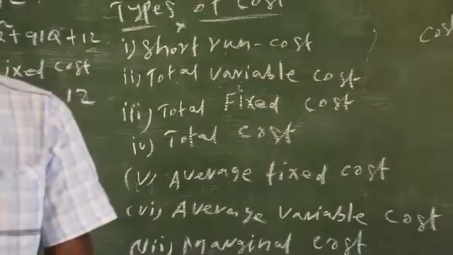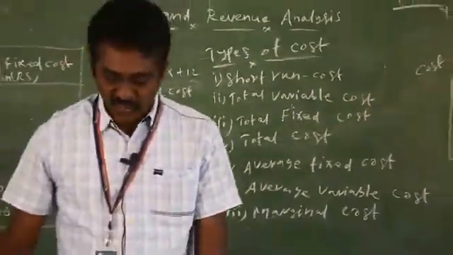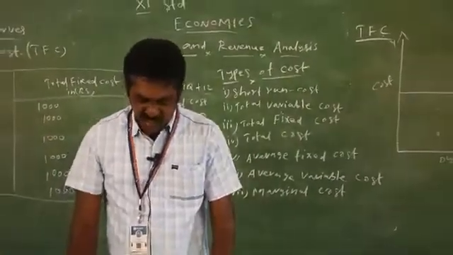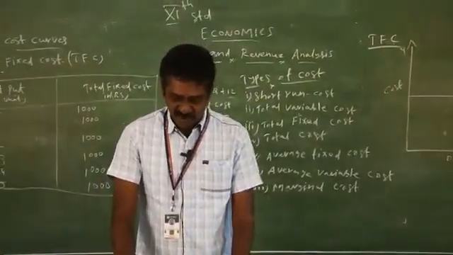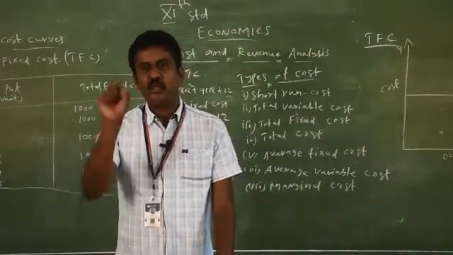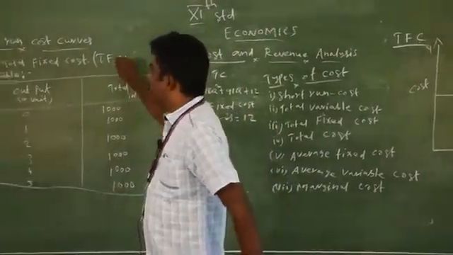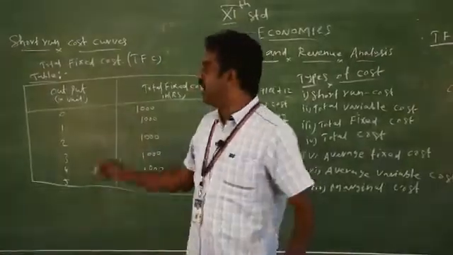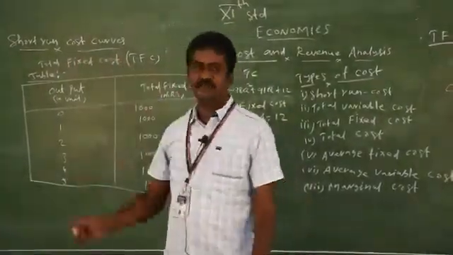What does short run mean? In the short run cost curve, all the payments for the fixed factors of production are known as total fixed cost. The total fixed cost comes under the short run cost.